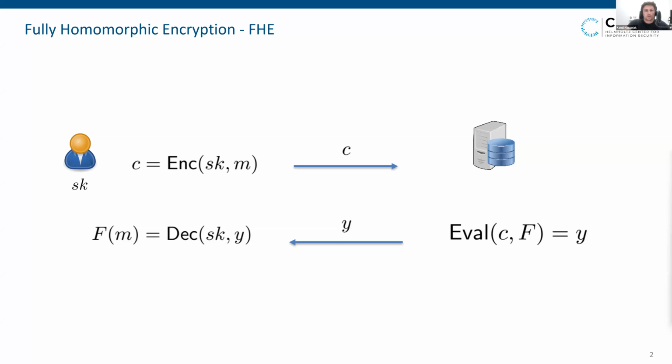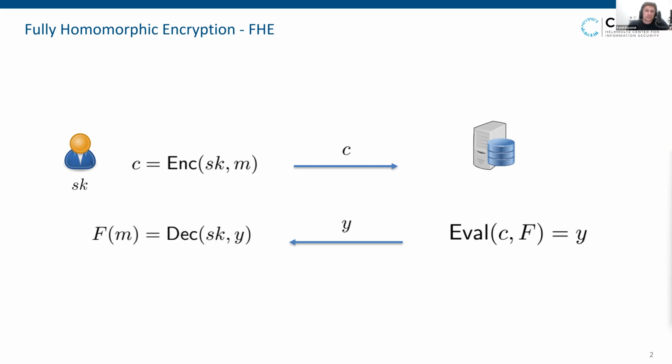Okay, so let's start by roughly recalling what fully homomorphic encryption is. It is a very special type of encryption scheme where a user can encrypt a message M and send the ciphertext to a server. Now the server, without any special secret key, can compute an arbitrary function F on the ciphertext.